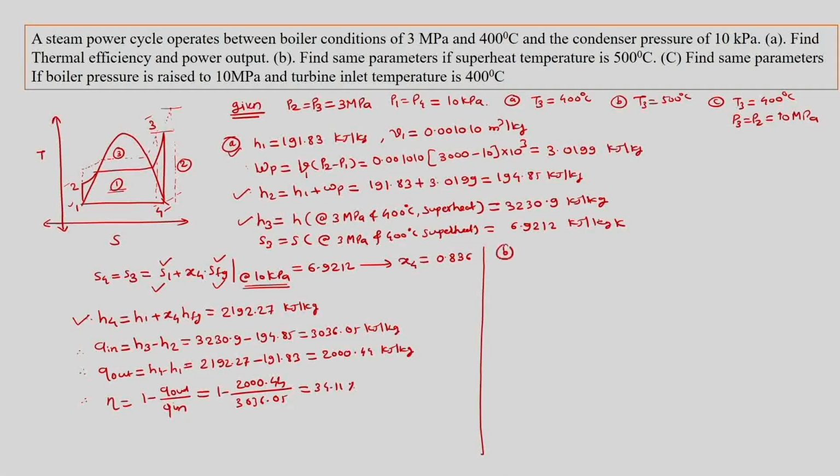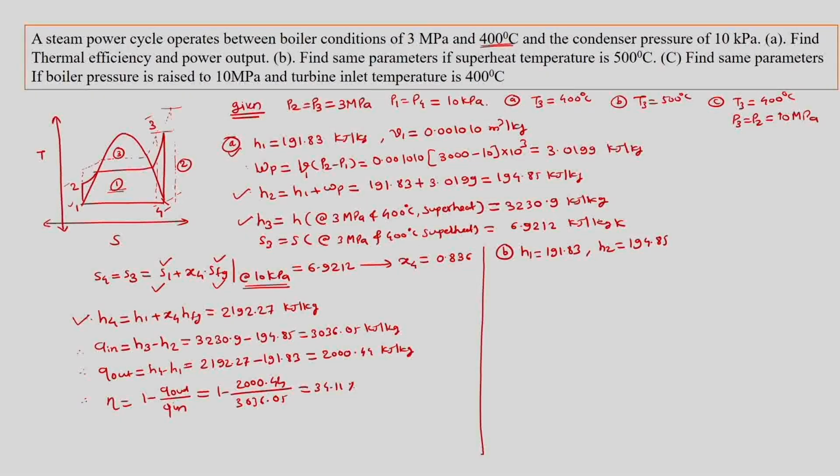We can go ahead and do the calculation for the rest of the cases in a similar way. So for part B, we can write down the enthalpy H3. It should be remembered here that for part B we are not changing the boiler inlet conditions, so H1 is the same, 191.83, and H2 is the same, 194.85, but H3 is not the same.